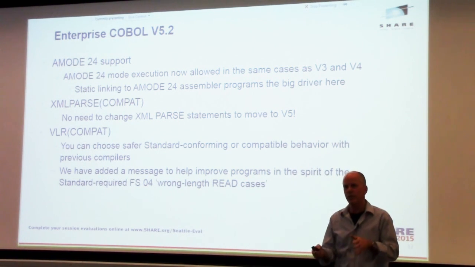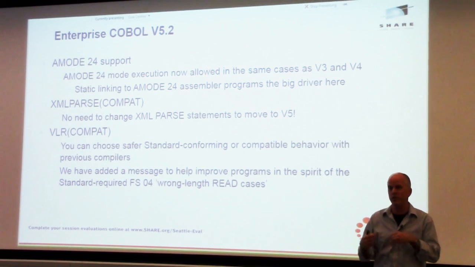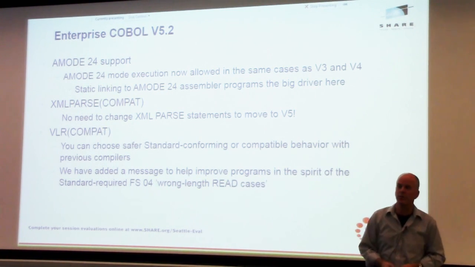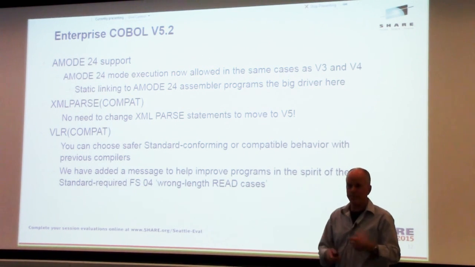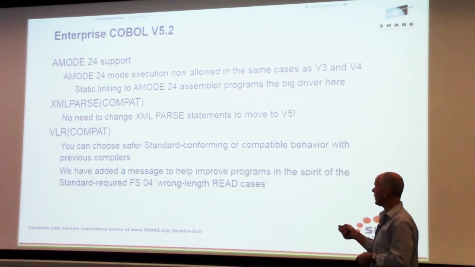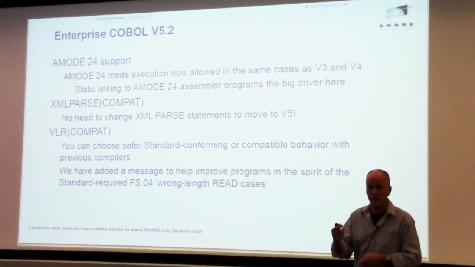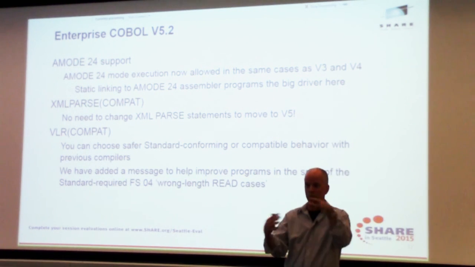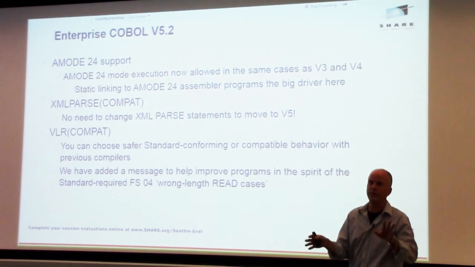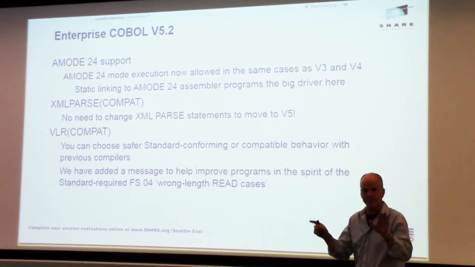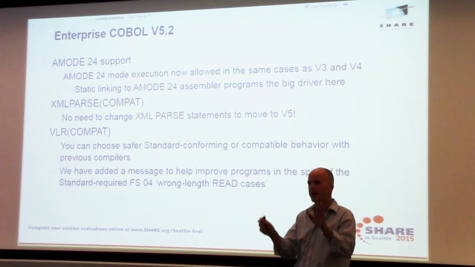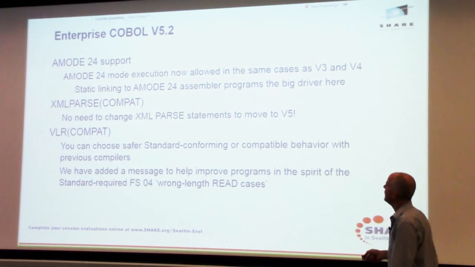So it isn't really true that we removed A-mode 24, it's just that we didn't spend the effort to put A-mode 24 into our new code generator. But now we did, because in our beta program we had a whole bunch of customers with A-mode 24 assembler programs mixed with COBOL, and they didn't want to redo everything. So A-mode 24 is okay now. If you read something that has you worried, there's nothing to worry about.